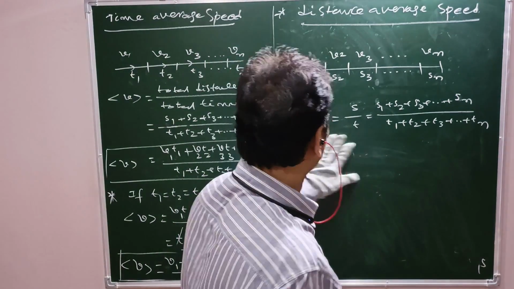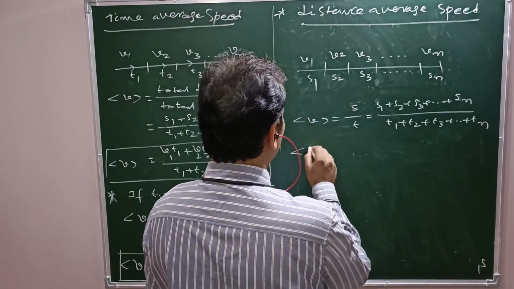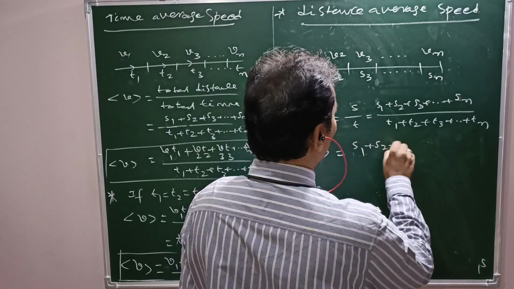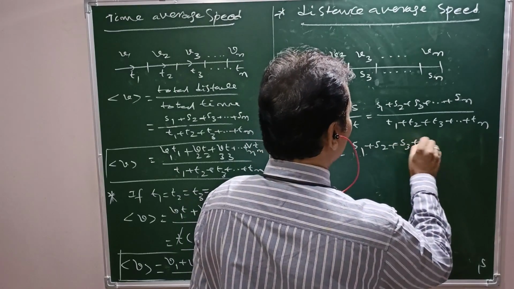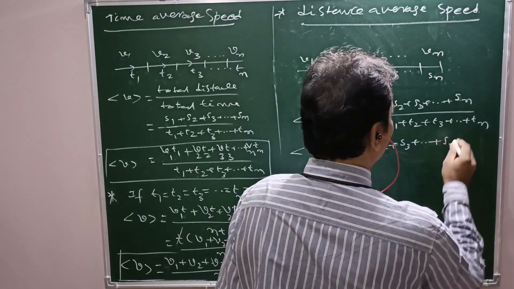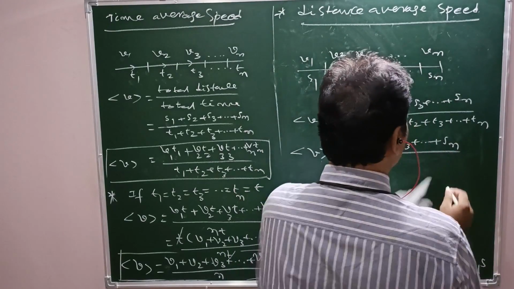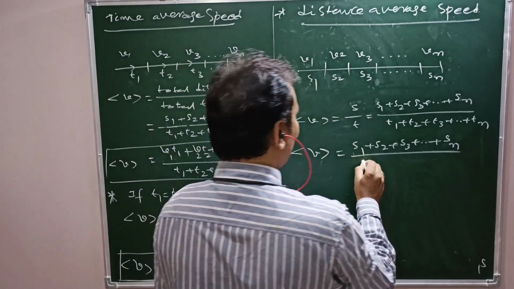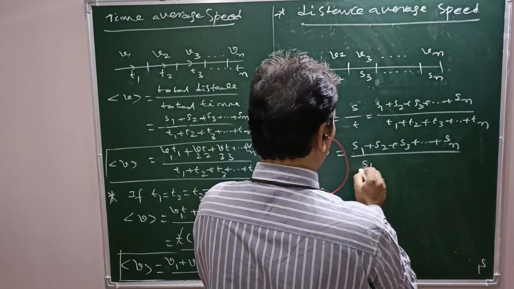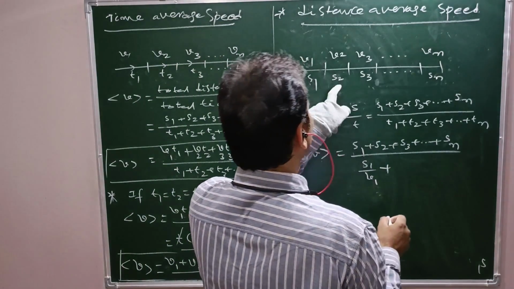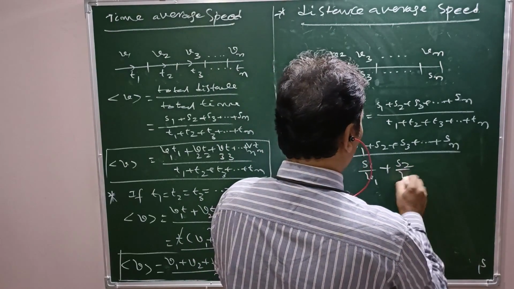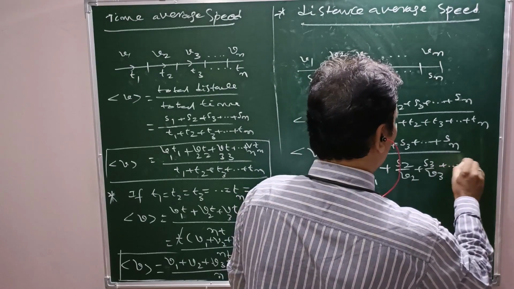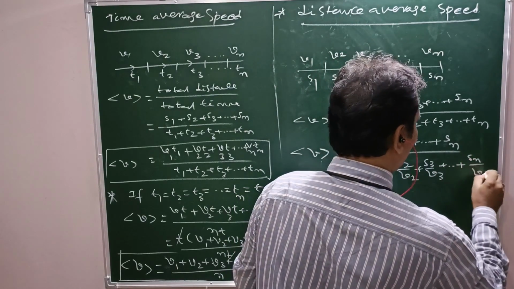So the average speed equals S1 plus S2 plus S3 plus up to Sn divided by S1 by V1 plus S2 by V2, here S3 by V3, up to Sn by Vn.